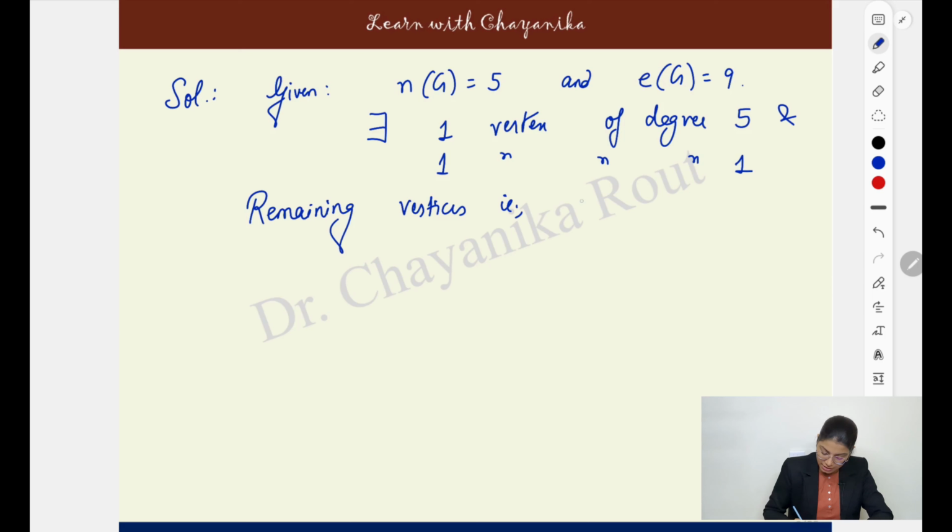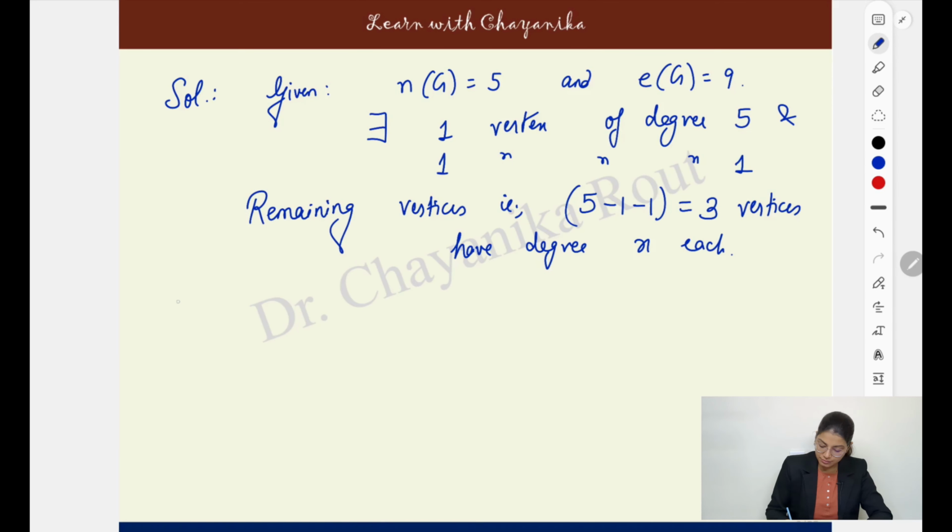The total number of vertices was 5, out of which there was one vertex of degree 5 and one vertex of degree 1. So, remaining we have 5 minus 2, that is 3 vertices. So, the remaining 3 vertices have degree x each. Now, our job is to find the value of the variable x.